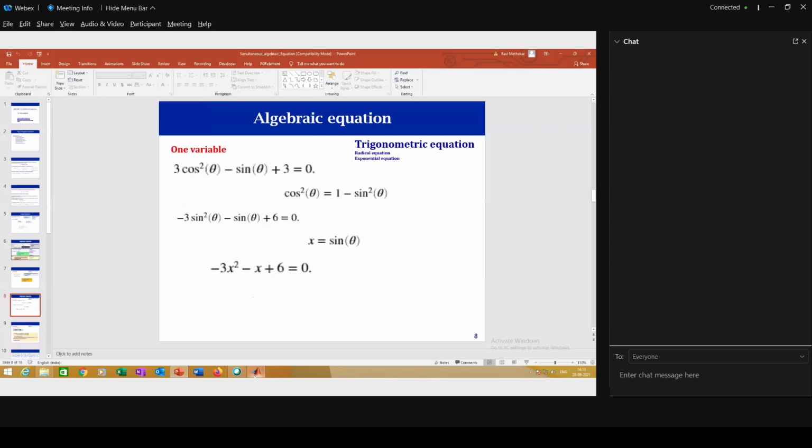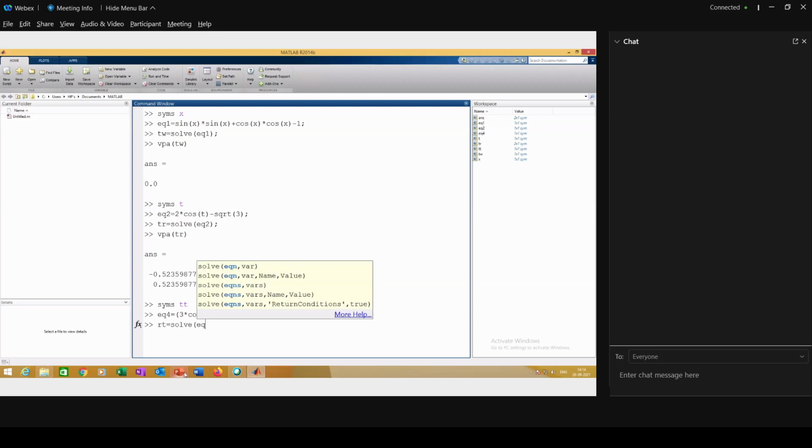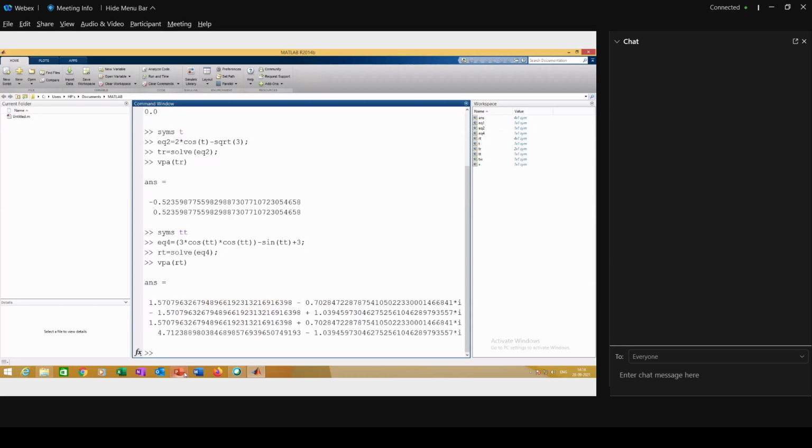This is my equation, then I solve EQ4. So I got, and then with vpa, what I got is the theta value. Complicated, complex conjugate forms.